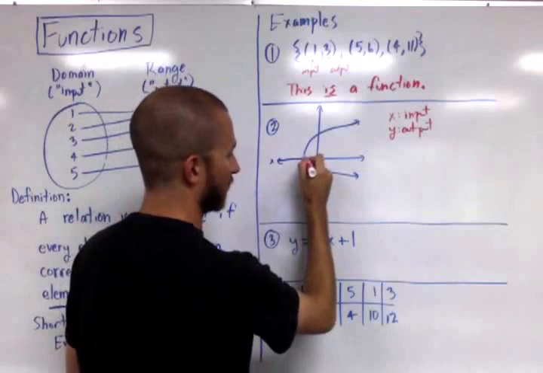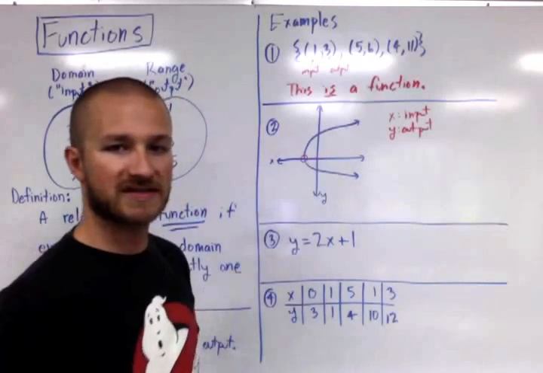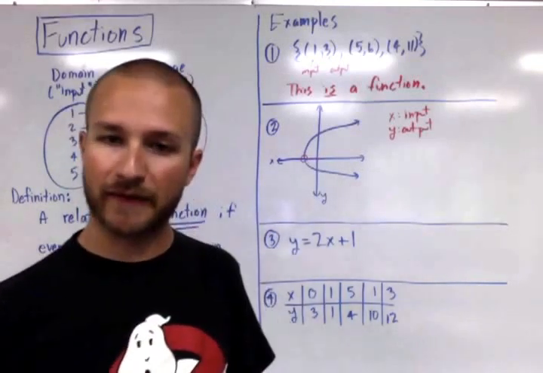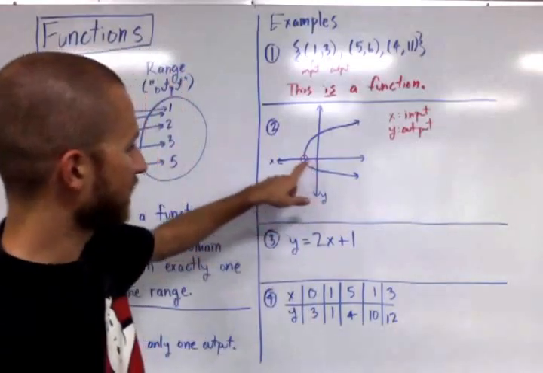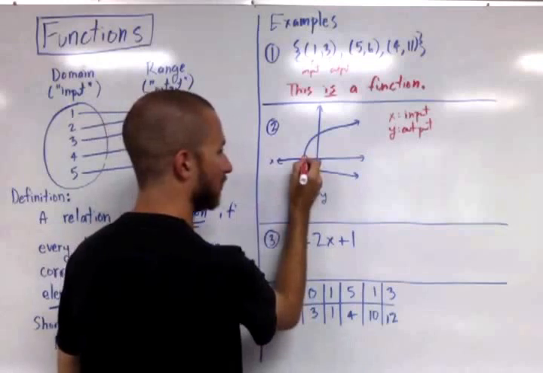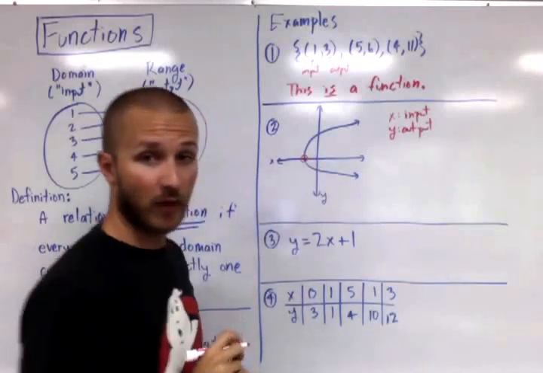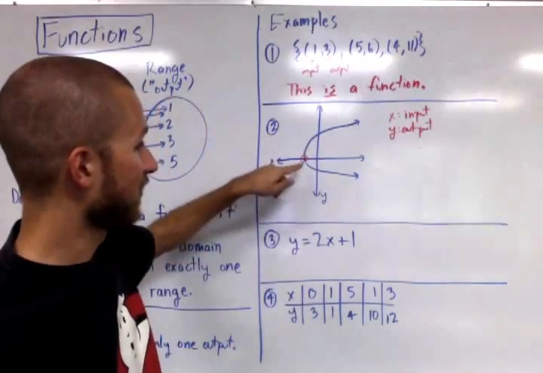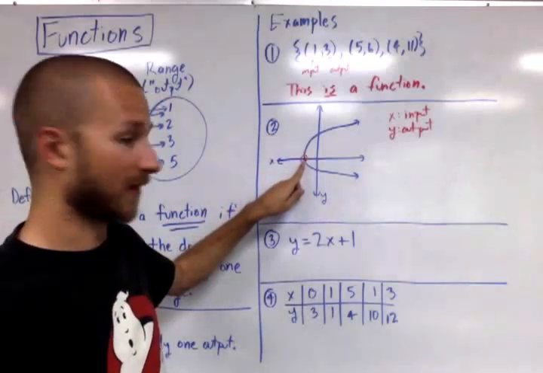I can look at this point right here, right where it crosses the x-axis, and say, what's the input there? What's the output? Well, I see there's an input here, and then the output is actually just 0 for y, since it hasn't gone up or down. So that place has just one output.